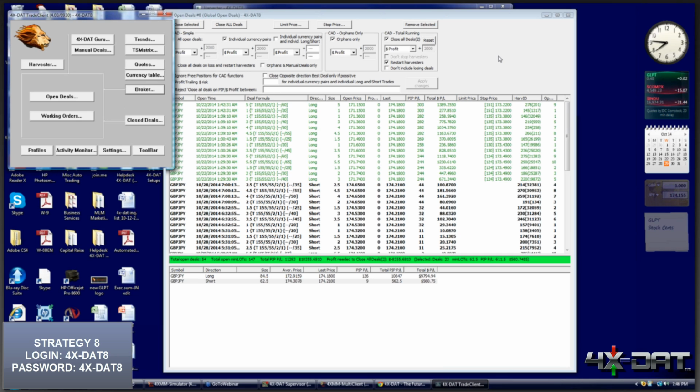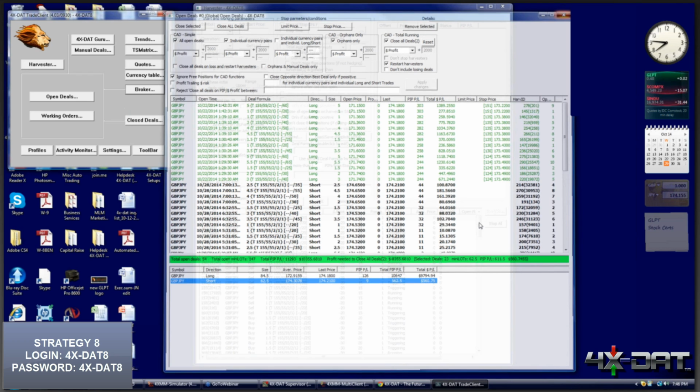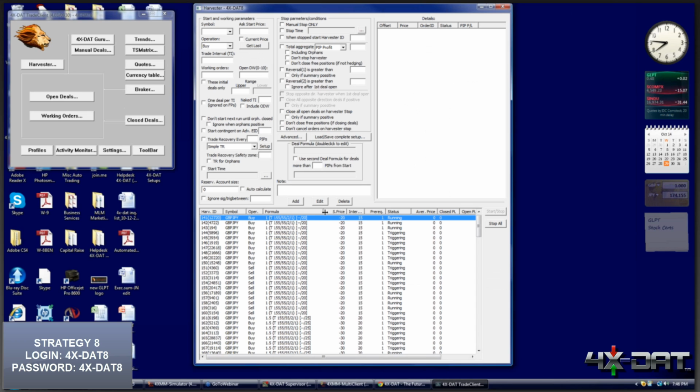But what is more impressive to me is not necessarily the profit, but look at this. Our very first trade that the strategy will be placing is one mini lot, one mini, not 10 minis. This is a micro strategy as far as I'm concerned in terms of how much margin it will need and how small the positions that it trades are.